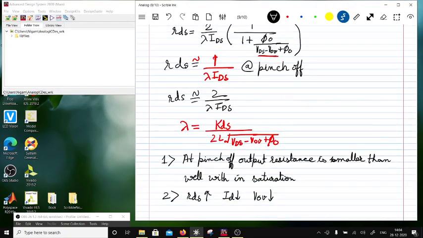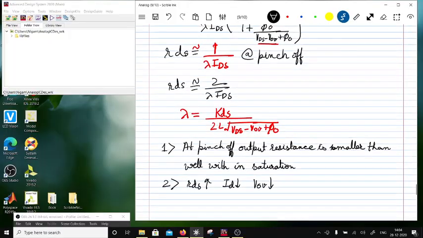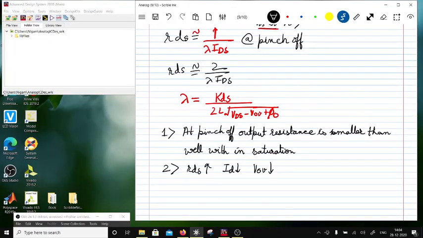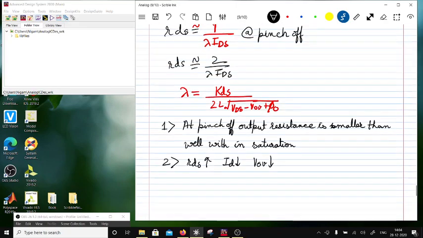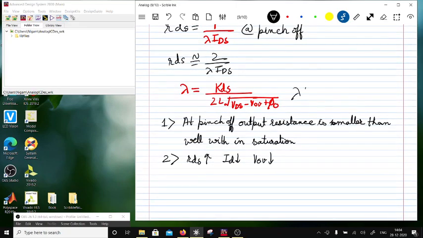So that's it. Next thing you will observe is that if lambda is small, so when will lambda be small? Lambda would be small if L is large.